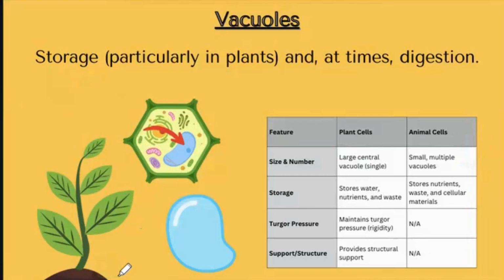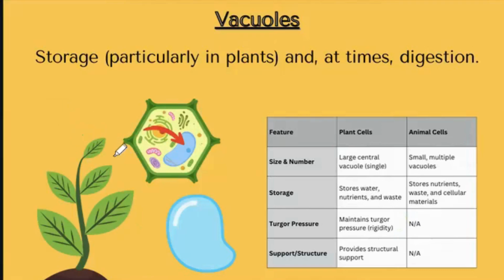And in this case, if you've ever seen a plant that has been overwatered, over time, it will wilt. And vacuoles help to prevent that because they store the water, nutrients, and waste while ensuring to maintain what we call turgor pressure or rigidity, which allows a plant to stand up.